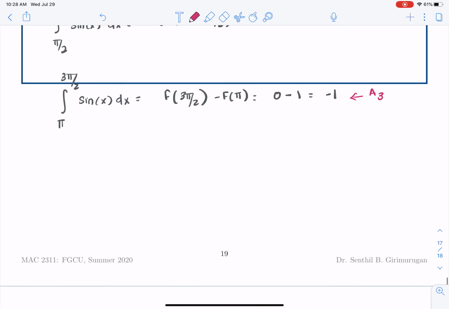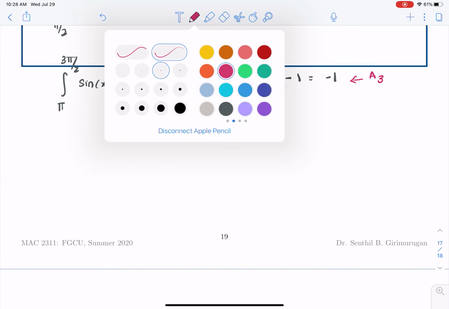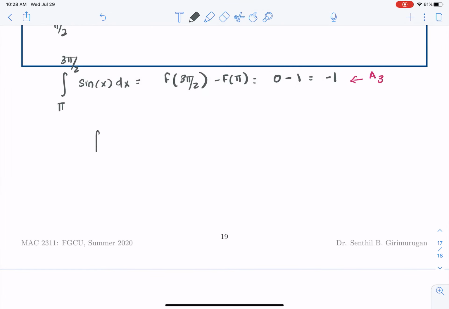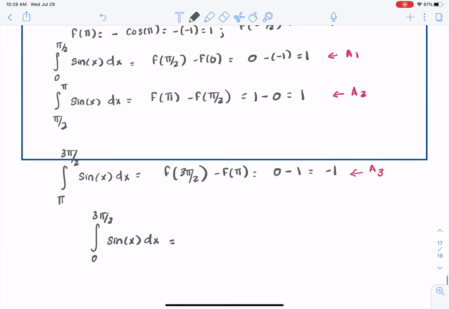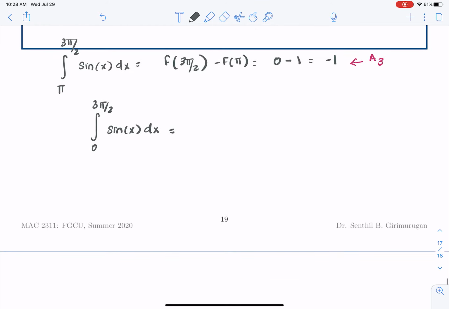So I could write the integral from 0 to 3 pi over 2 of sine x dx as a1 plus a2 plus a3, which is simply 1 plus 1 minus 1, we get 1.